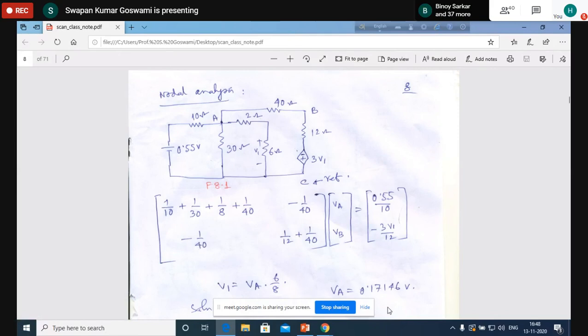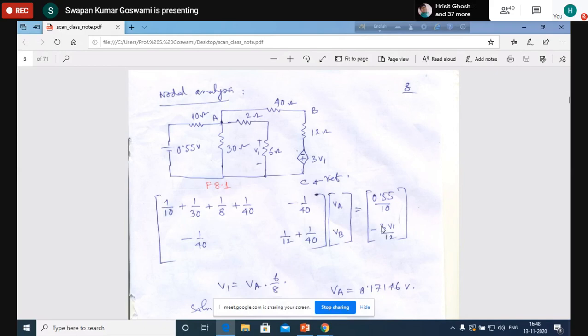Am I clear? That means if you move the term involving the variable to the left hand side, then you see that it is no longer minus 140. It will be changed to some other value. 3 by 12 into V1, V1 means 6 VA by 8.